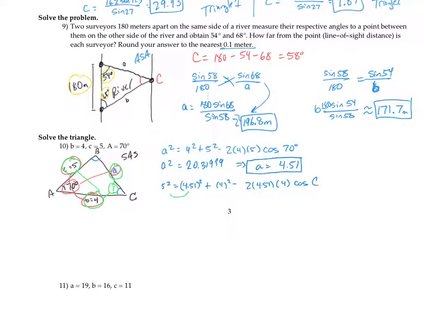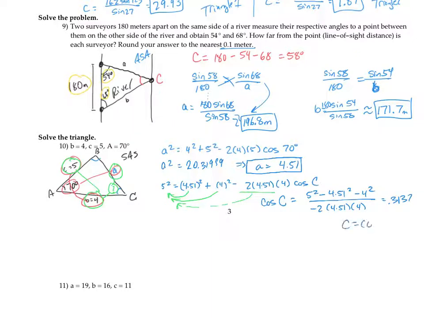Okay, so I can move this over here, and then divide this off. And what that gives me is cosine of C equals 5 squared minus 4.51 squared minus 4 squared divided by negative 2 times 4.51 times 4. Throwing that in my calculator, this is 0.3137.